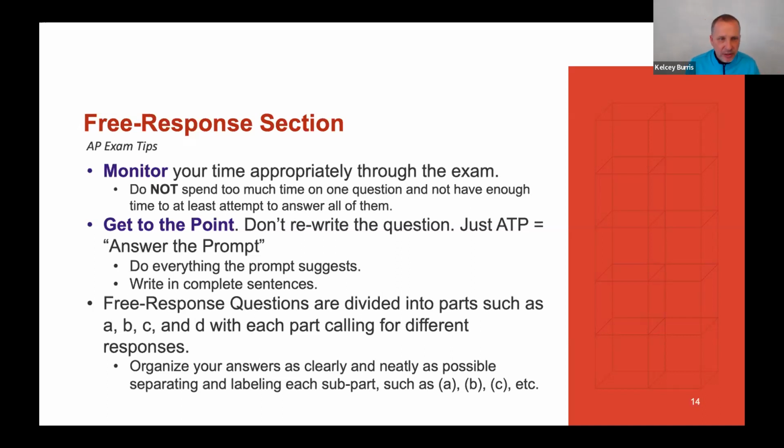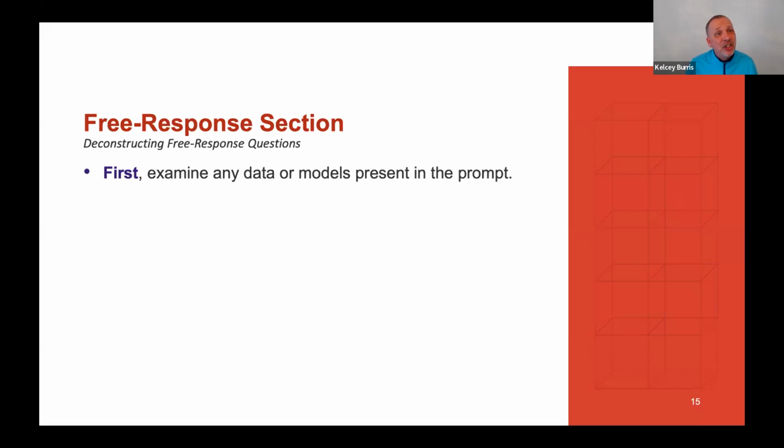So one of the things that I work on with my own students is this idea of deconstructing free response questions. So we're going to talk through these steps. And remember when I was talking about these FRQ questions that you will have a scenario of some sort, and you've got to find the biology in there.